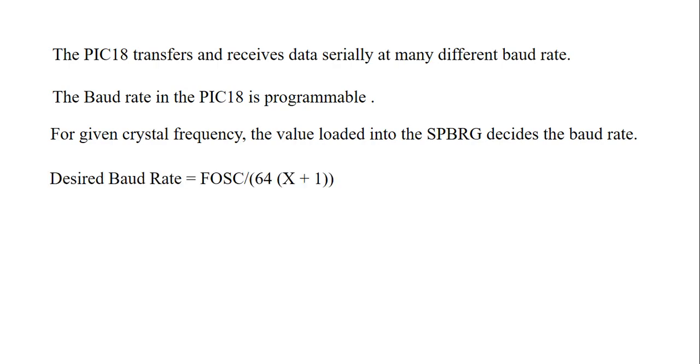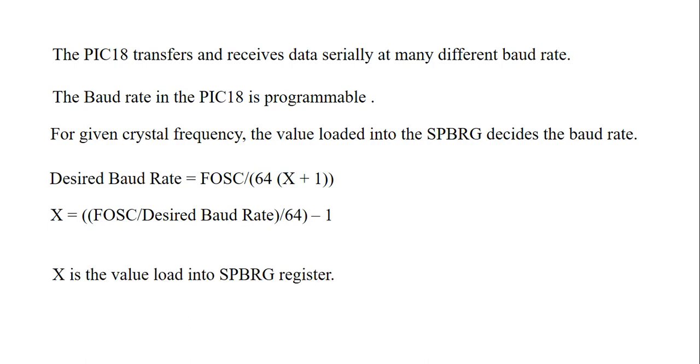For the desired baud rate, there is a formula. Desired baud rate is equal to crystal frequency divided by 64 into (x plus 1). F oscillator means crystal frequency. So x is equal to F oscillator divided by desired baud rate divided by 64, minus 1.